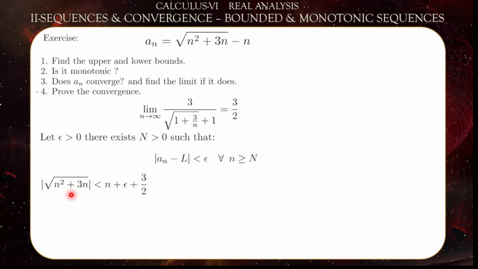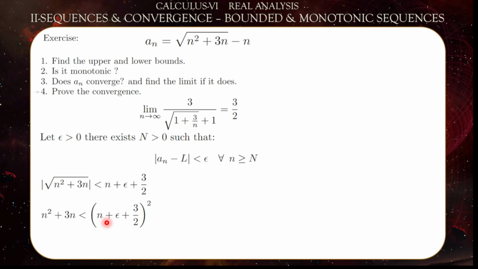So square root of n squared plus 3n is less than, we moved n to the other side of the inequality along with 3 divided by 2, which was negative, so it became positive. So square root of n squared plus 3n is less than n plus epsilon plus 3 divided by 2.